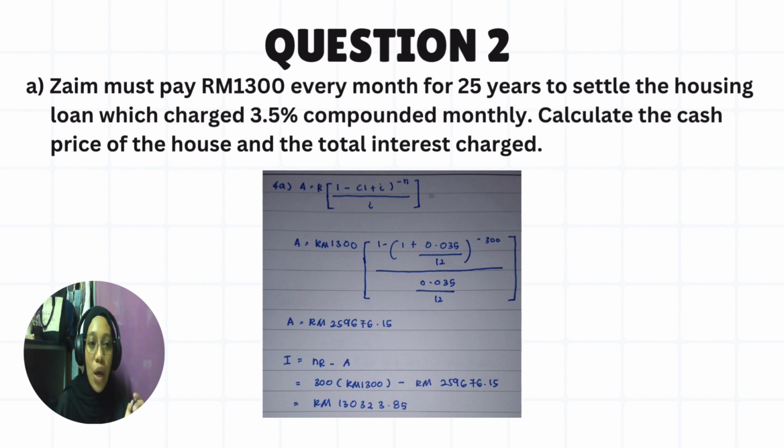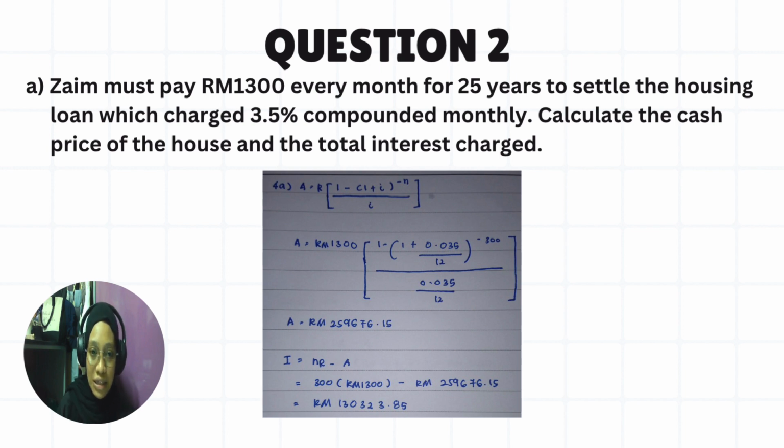A equals 1,300 bracket 1 minus 1 plus 0.035 over 12 power negative 300 over 0.035 over 12. And the answer is 259,676 ringgit and 15 cents. This is the answer for the cash price of the house.